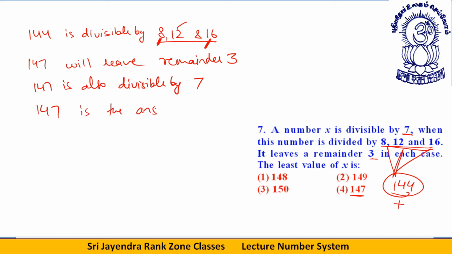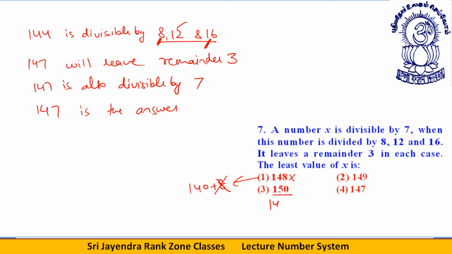But students, if you just have a little calculation acumen, like just a little maths acumen, you will be very easily able to solve it. 144, 140. I know 140 is divisible by 7. So 140 plus 8 is not divisible by 7. 150, again 140 plus 10. 10 is not divisible by 7. 100 plus 49, 100 is not divisible by 7.